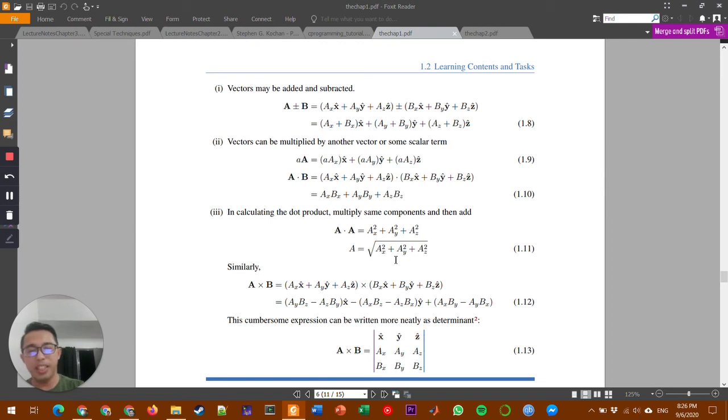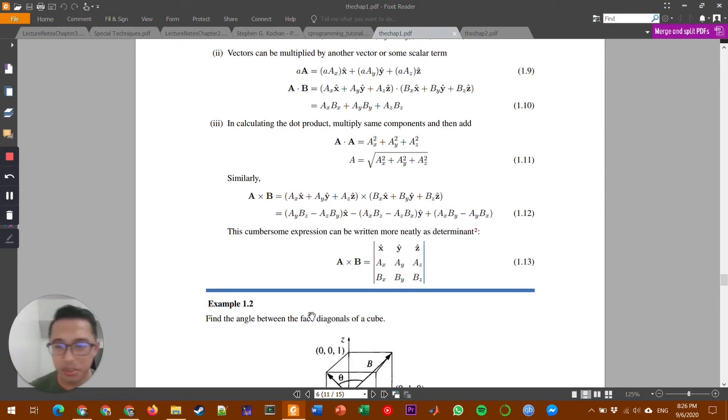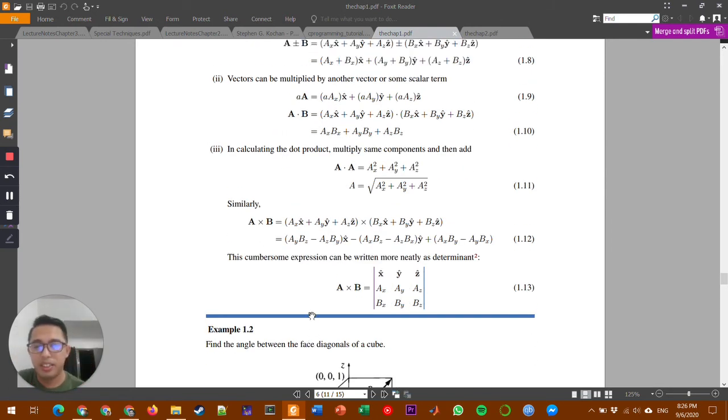So similarly, you can also do the cross product. The cross product is a bit more complicated. Its rule is not as easy compared to the dot product. I think you have encountered this when multiplying matrices, right? So you have vector A cross product with vector B. Again, we expand the vector A in terms of its components, as well as the vector B in terms of its components.